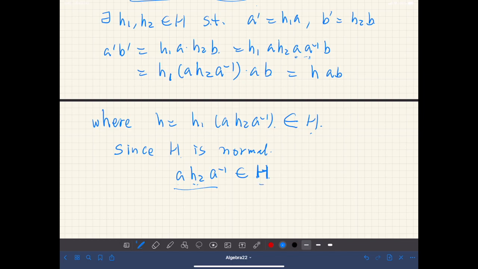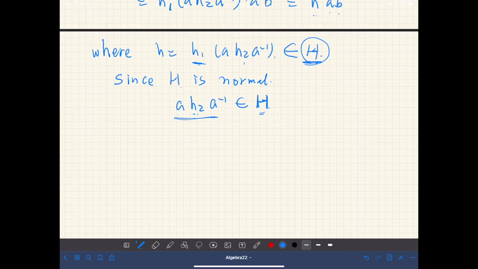And a normal subgroup is a subgroup, and H1 is of course an element of H, and this is an element of H, so their product is still an element of H. Therefore, A prime B prime is expressed as H times AB, where H is an element of capital H. That means H A prime B prime is equal to H A B. Therefore, the product is well defined.